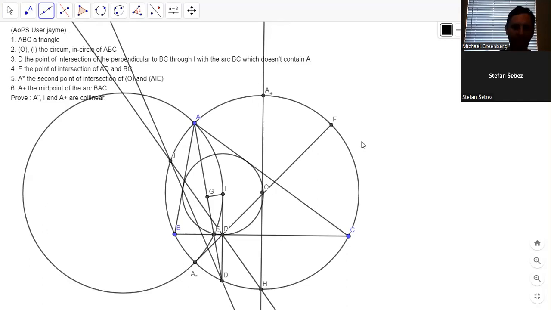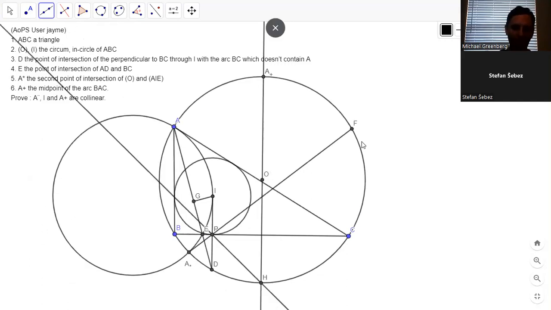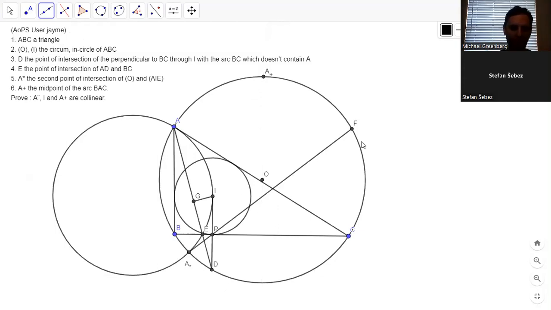But yeah, I feel like I've seen point E before. I just don't remember exactly what to do with it. I don't know if drawing the mixtilinear circle would help.